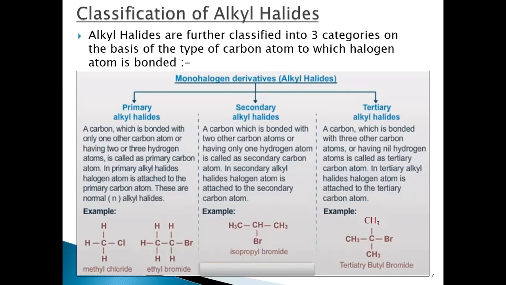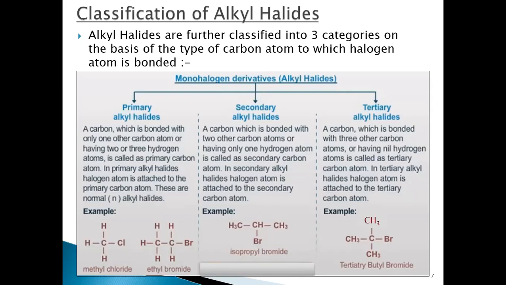Therefore, this is known as a secondary alkyl halide. So, a carbon which is bonded with 2 other carbon atoms or having only one hydrogen atom is called a secondary carbon atom. In secondary alkyl halides, the halogen atom is attached to the secondary carbon atom.